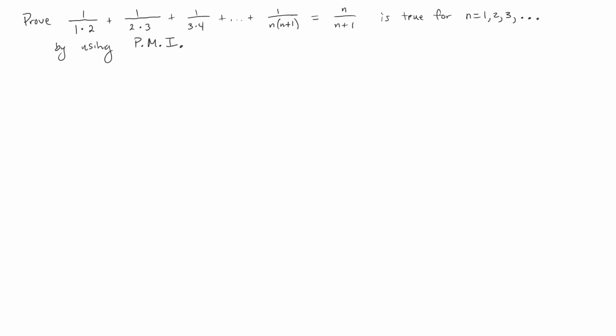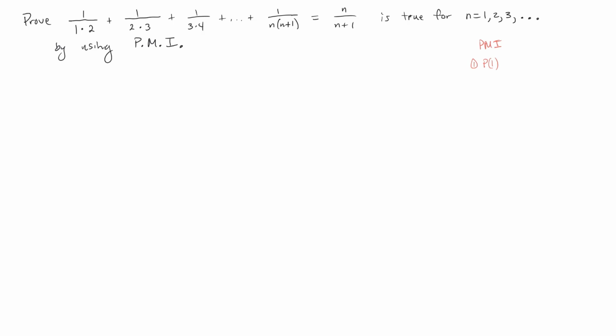I do want to remind you what this PMI stands for. This is called the Principle of Mathematical Induction. And remember that the principle of mathematical induction requires you to have 3 steps. You kind of want to think of it as a metaphor for falling dominoes. So step 1, you got to show that the first statement or the first equation is true.